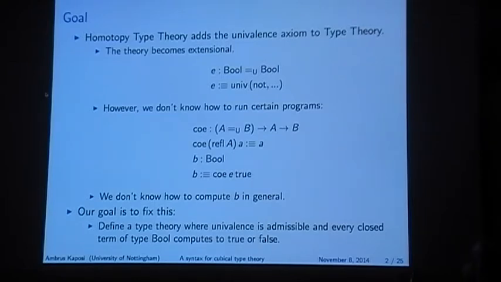But on the other hand, every closed term of type bool and other types computes to some value, in the case of bool to true or false. Okay. So that's the goal here.